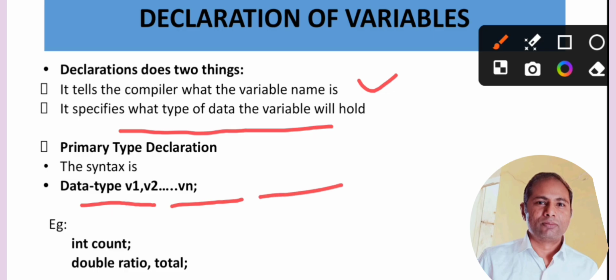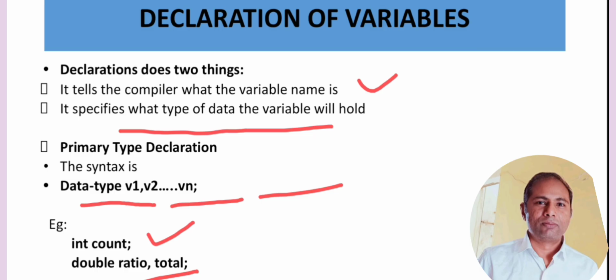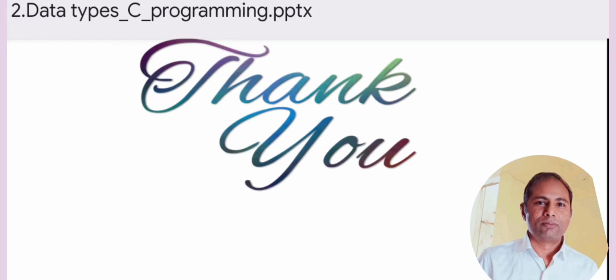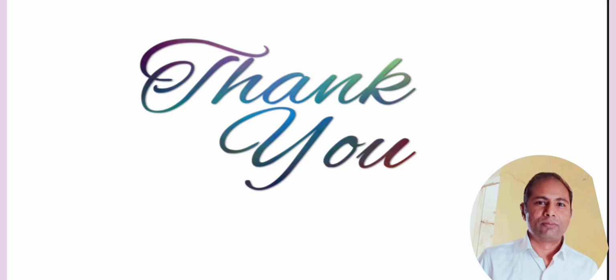For example, int count means count has an integer value. What is the meaning of double ratio, total? Ratio and total are the variables here, and double means these are decimal numbers.